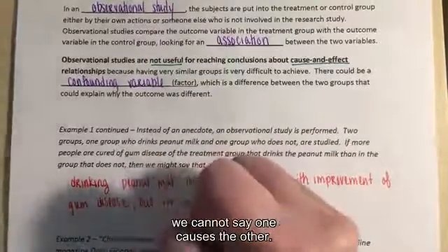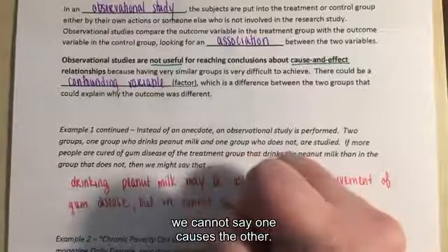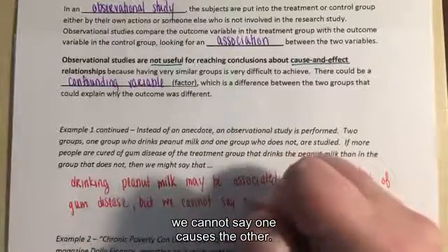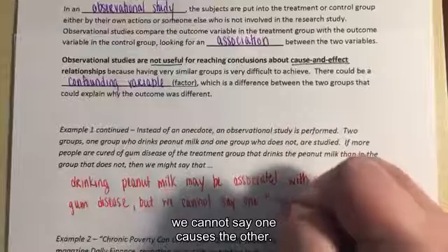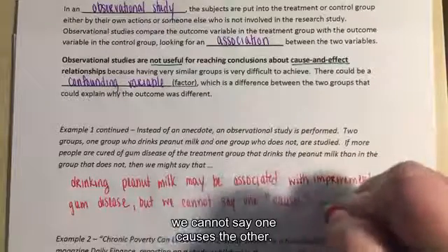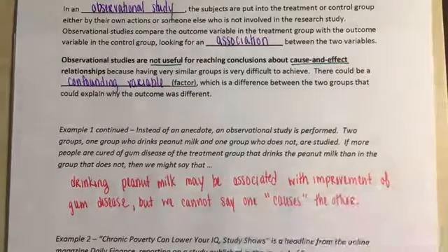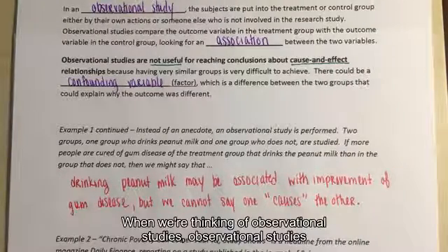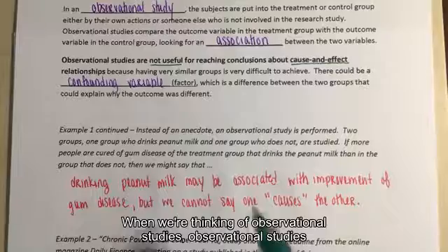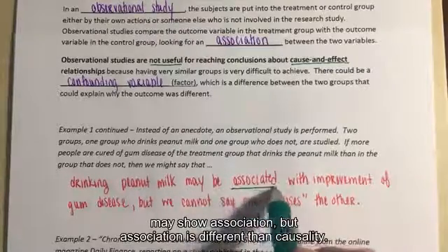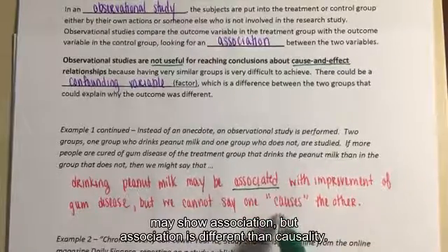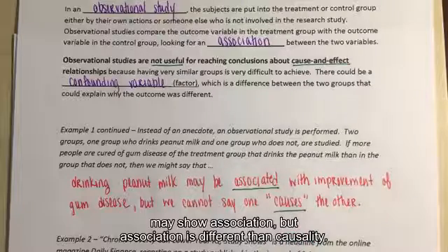But we cannot say one causes the other. So when we're thinking about observational studies, they may show association, but association is different than causality.